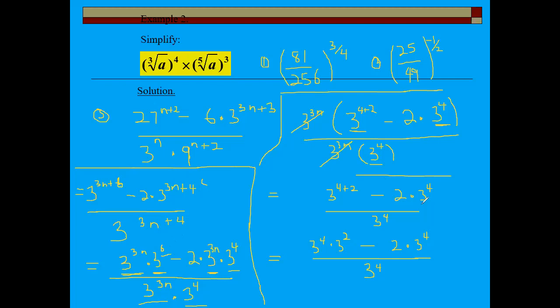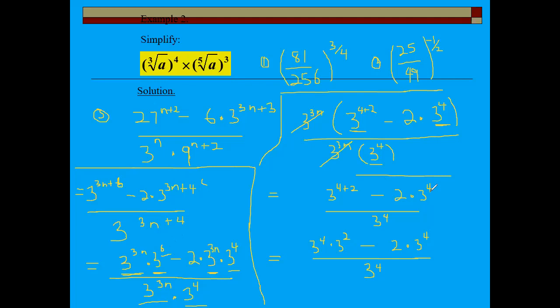But you see, there are terms 3 raised to the power 4. So that is what your colleague asked. Why didn't I make it 3 raised to the power 3 plus 6? It's because I want to factorize the 3 raised to the power 4 out. That is why I broke it into 4 plus 2.